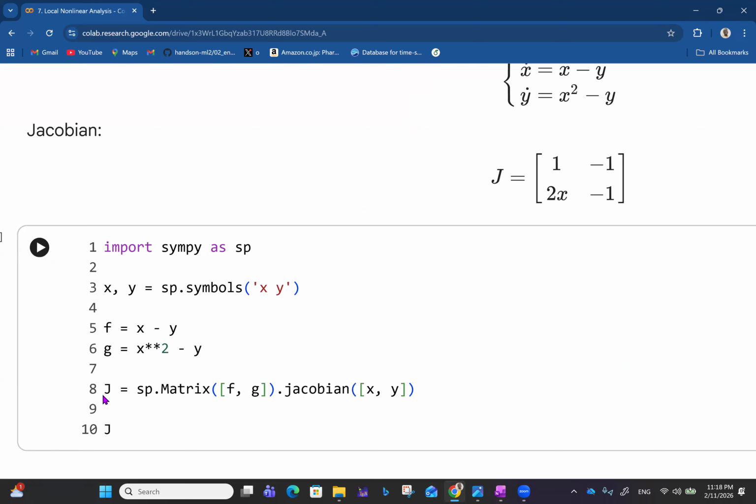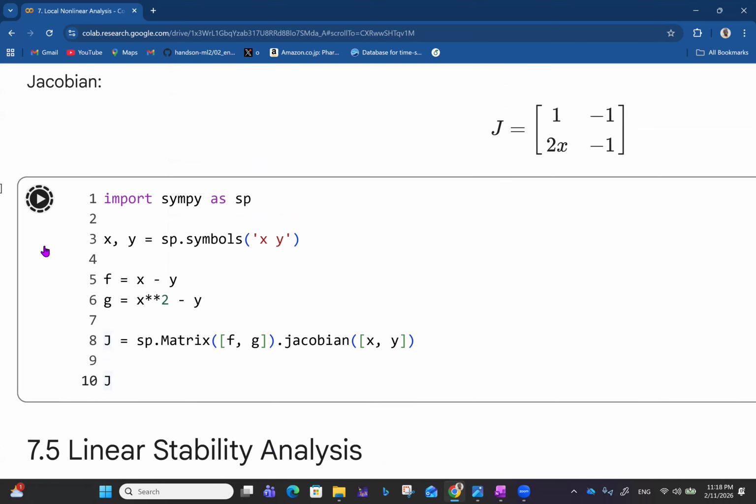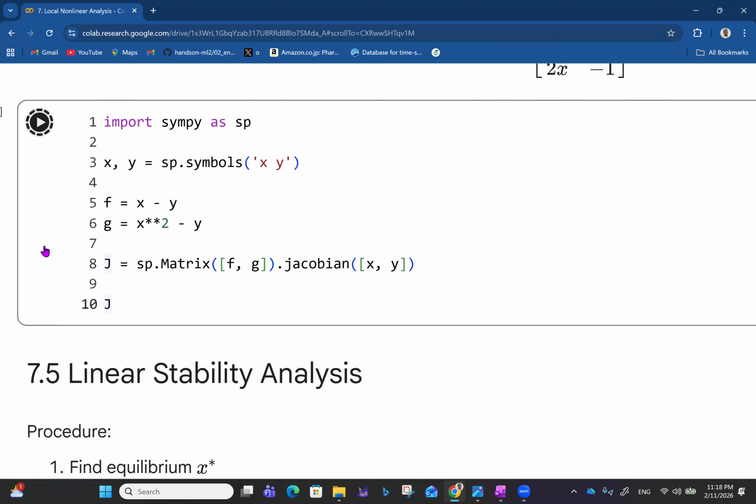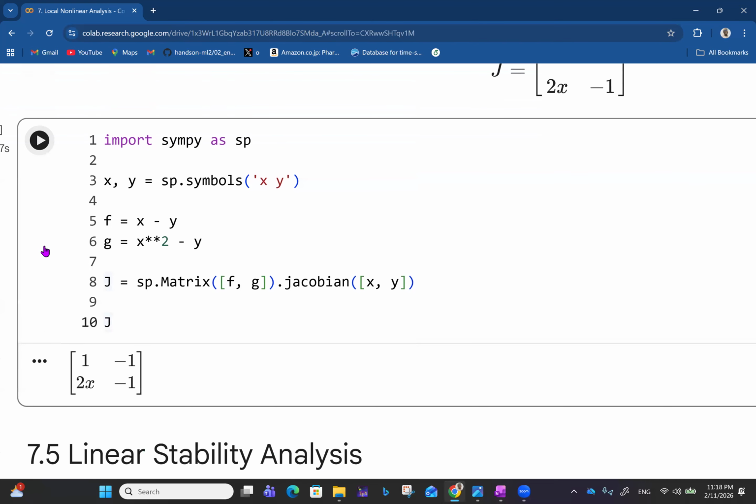You can get the Jacobian by just saying sympy.Matrix of f, g, dot jacobian in terms of x, y. And then in line 10, you declare the Jacobian itself, and that runs and gives you the results. So you get exactly the same thing. That comes out in a jiffy. So you have this expression.